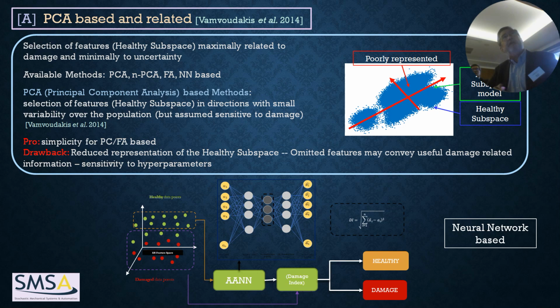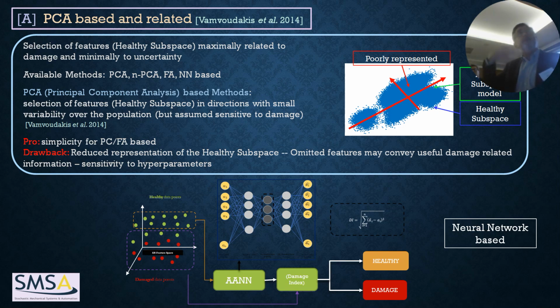For example, here you have a lot of variability on this axis, and you have also considerable variability along this axis. So the idea in this case is to eliminate these two axes and look at other axes in your data which are less affected by uncertainty. This is the idea.